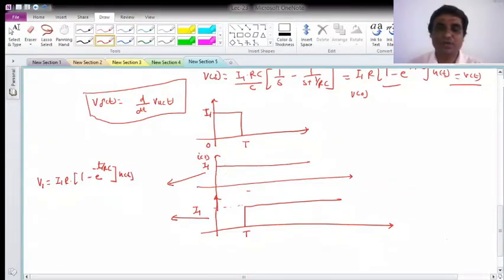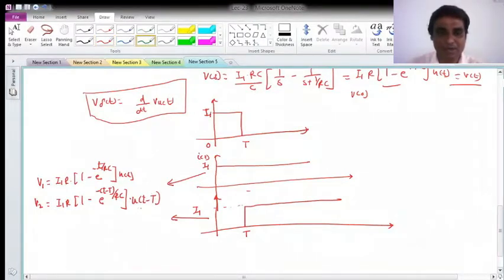In this case, we have just shifted the unit step function by an amount of capital T towards right. So the output will also be shifted by the same amount because of its time invariance property. So it will be t minus capital T over RC, and because of causality, it will come as u of t minus capital T.